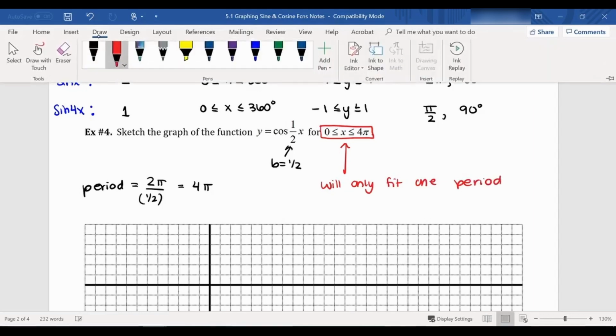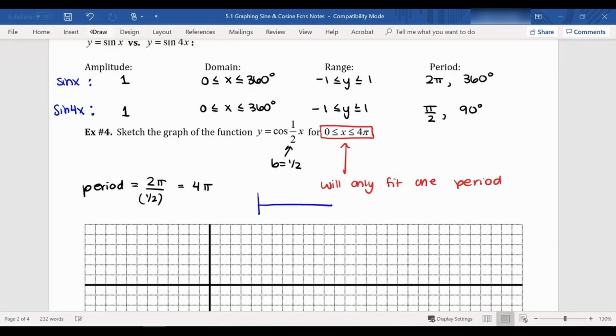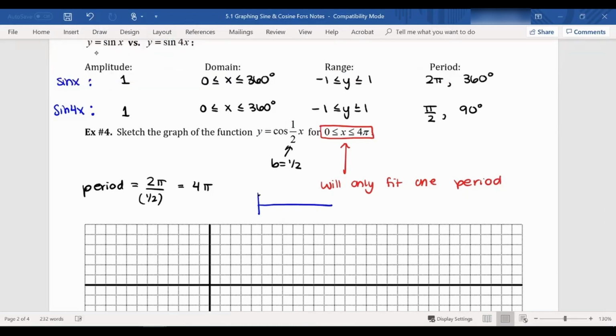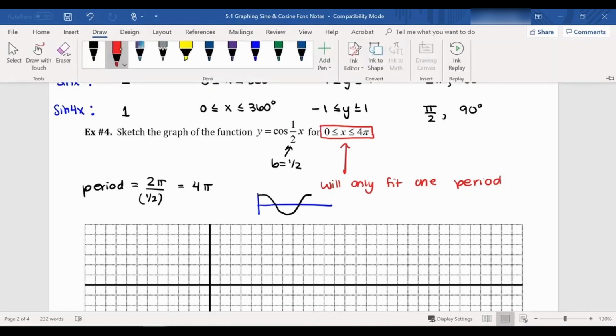I'm graphing cosine. So for cosine, we can still use some of this half business that we've been using for sine. For cosine, we start up at our maximum, we go down to our minimum and back up to our max. Okay. And so whatever our maximum is, we're going to start and end there.